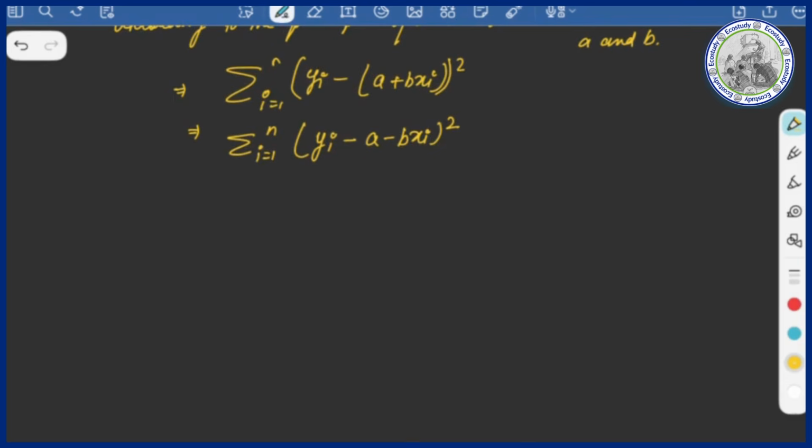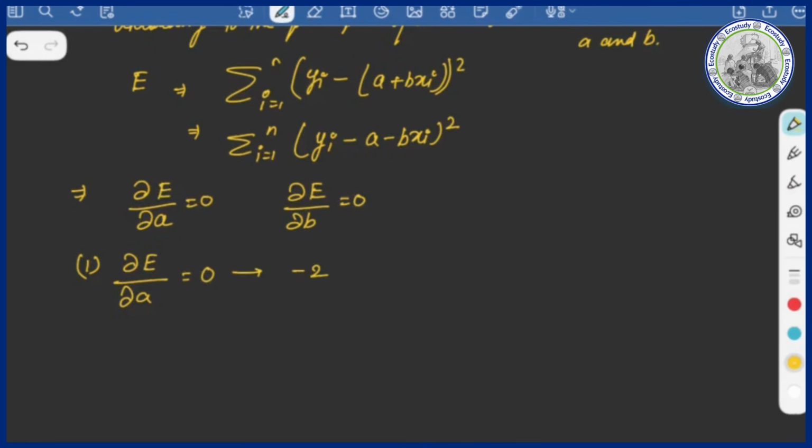Now, you have learned about minimization and maximization in your bachelor's or in class 12, so I will use the same approach. We differentiate this error term with respect to a and equate it to 0, and with respect to b and equate it to 0. First, d by da, because we have to find the value of a, equals minus 2 sigma (yi minus a minus b xi) is equal to 0.